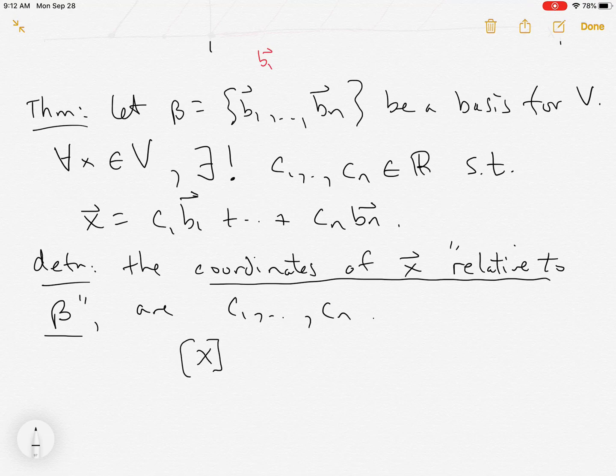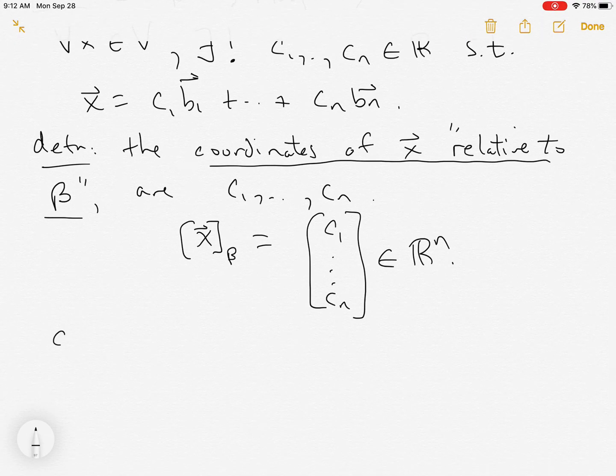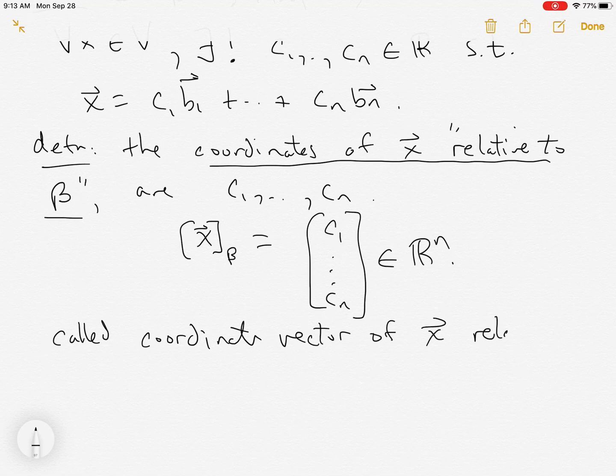So this says the vector x with respect to the basis beta equals C1 down to Cn, which is an element of Rn. Right? And this is the coordinate vector of x relative to beta.